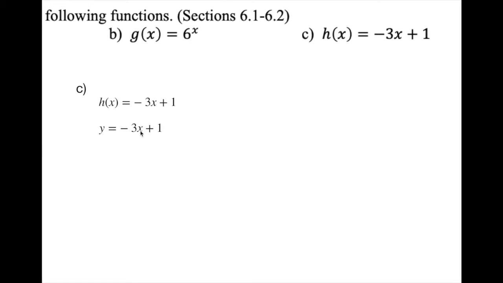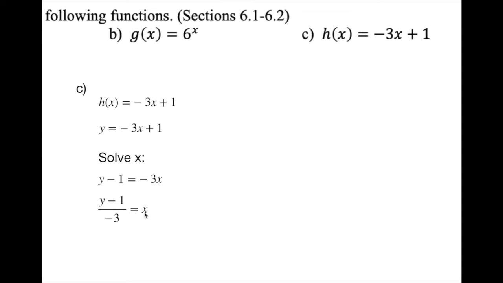Then we want to solve for x. So minus 1 on both sides. On the left, that will become y minus 1, and on the right, it will be minus 3x. Then divide by minus 3 on both sides. So y minus 1 divided by minus 3 will become x.